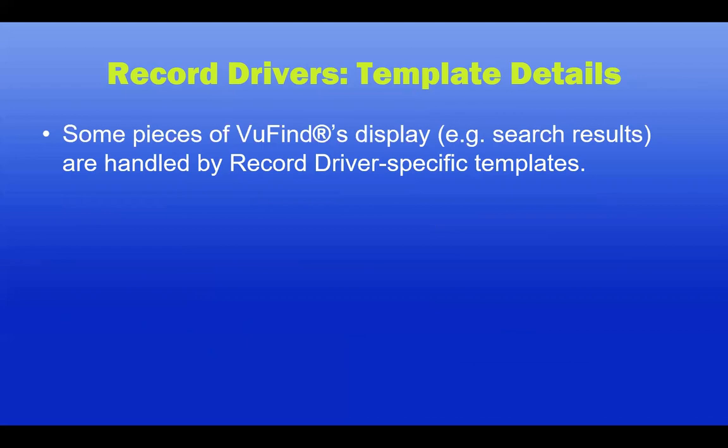So, for example, when you get a screen of search results, every individual search result that you see is getting rendered using a different template pulled from your theme. The reason for this is, as I say, you might have a mix of different kinds of records in your results, and they may need to be displayed very differently. So VuFind has the ability to display a totally different template for multiple records in a list based on what kind of records they are.